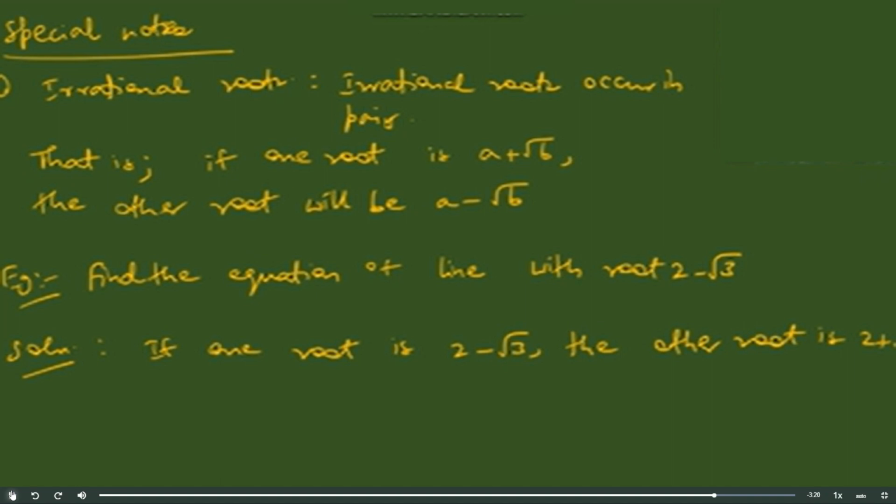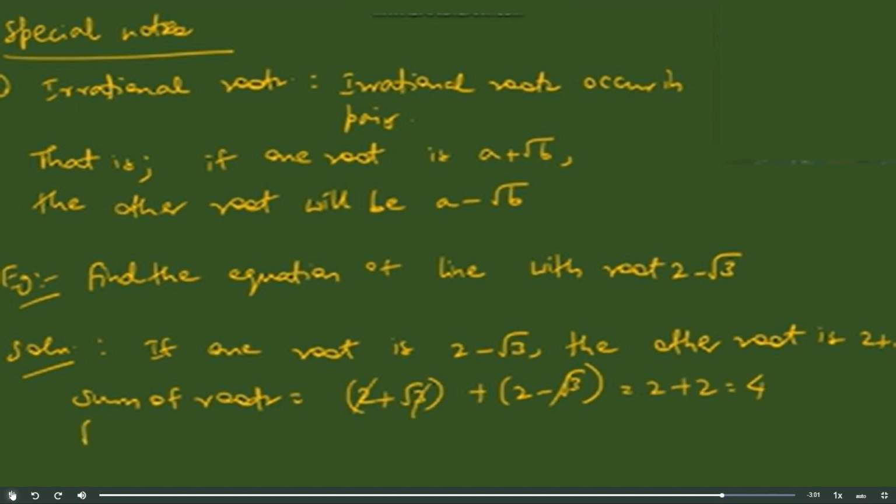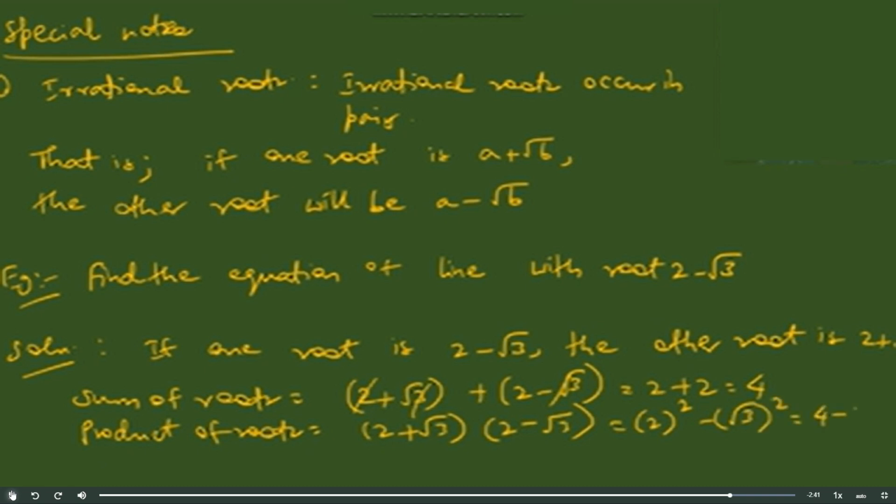So sum of the roots is equal to 2 plus root 3 plus 2 minus root 3, which is 2 and 2, and root 3 and root 3 will get cancelled. 2 plus 2 will be 4. Then product of roots is 2 plus root 3 into 2 minus root 3. This is a plus b into a minus b equals a square minus b square, which is 2 square minus root 3 the whole square, which is 4 minus 3, which is 1.